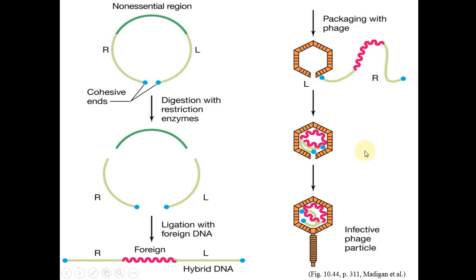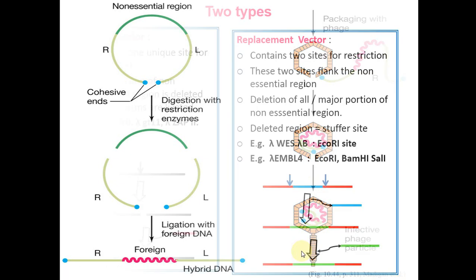So inside the host, when this DNA is transferred into the E. coli, these can form a circular DNA since these two ends are complementary to one another. Once this phage genome is packed in one phage head, different regions of phages are attached.